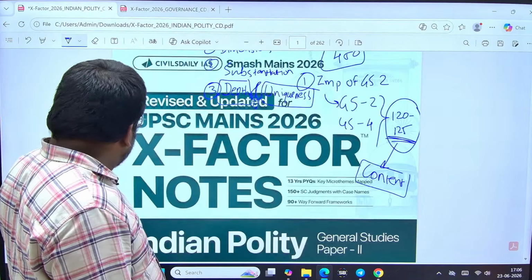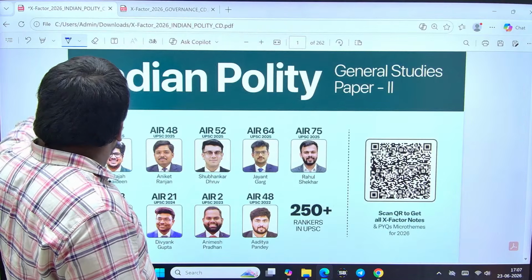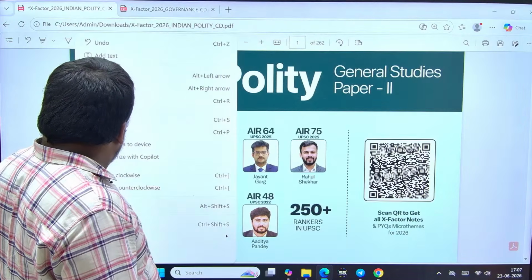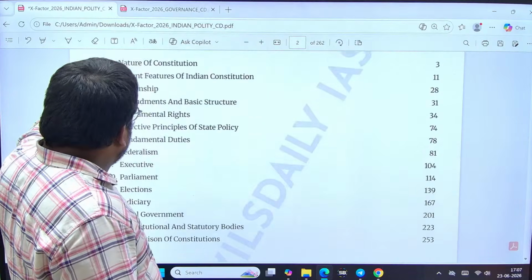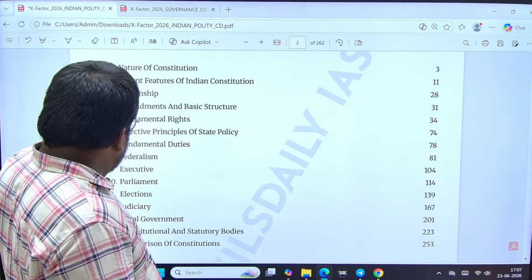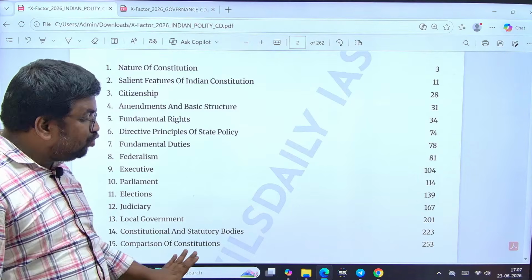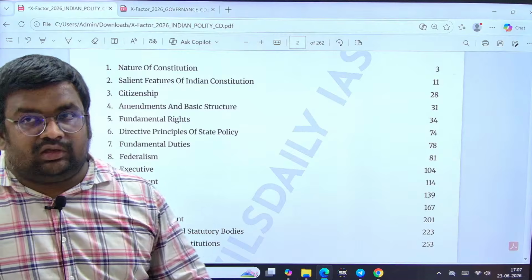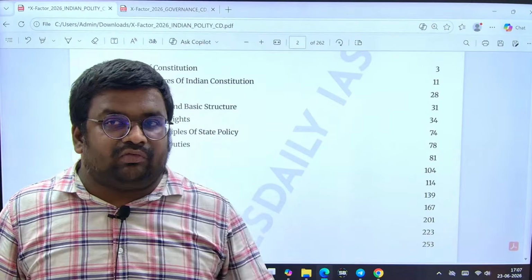If you see in the polity X factor, the topics that we have covered, basically from the nature and philosophy of the constitution to the comparison of constitutions, each and every topic of polity is covered here.